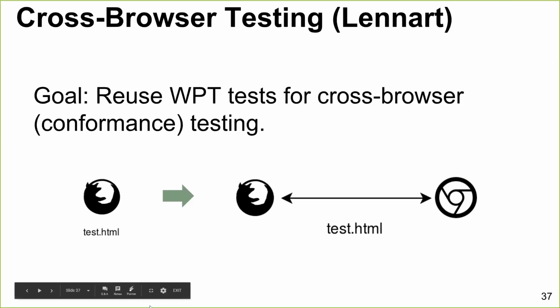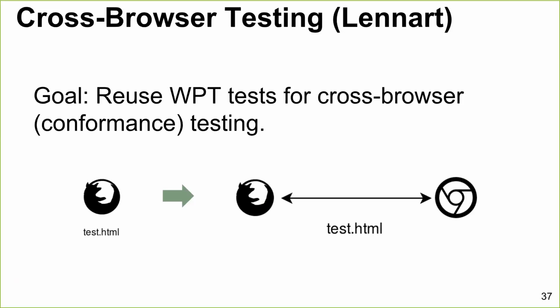What I noticed is that the vast majority of these cross-browser tests overlap with the single-browser tests we already have. So my thought was, how can we use the WPT tests to do cross-browser testing as well, instead of writing those tests twice?